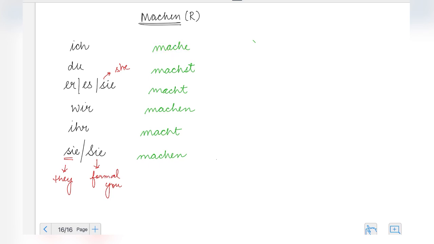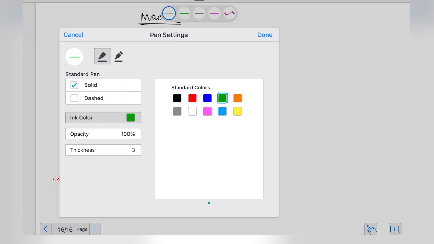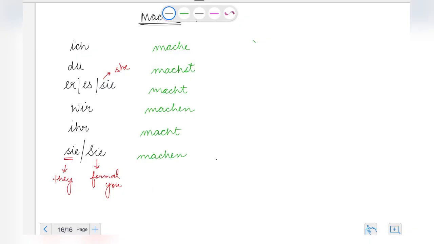Verb conjugations play the important role. So let's take another example. Let's talk about the verb arbeiten. Let's discuss the conjugation of the verb arbeiten.